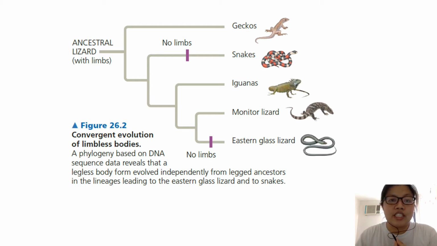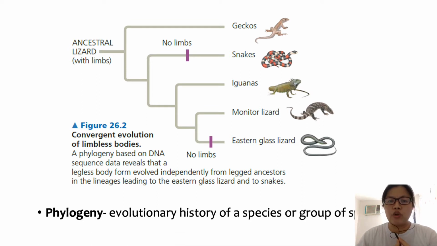So, as you can see here, snakes are more closely related to geckos than to the eastern glass lizard. And the eastern glass lizard is more closely related to monitor lizards, or ng mga bayawak. Okay, so this kind of tree is what we call a phylogeny. Phylogeny is the evolutionary history of organisms.